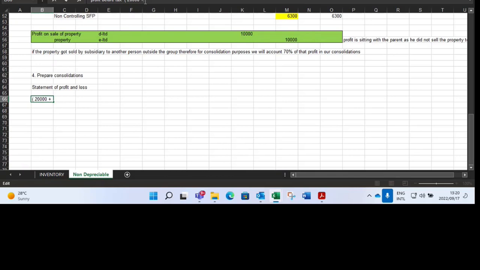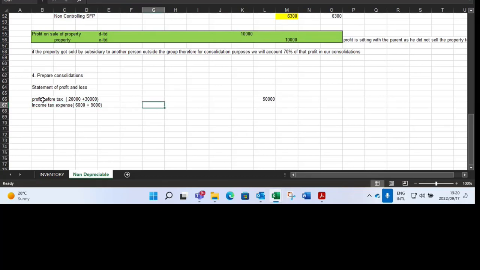You add it with the one for the subsidiary, 30,000. So we get 50,000. And then income tax expense. Parent, 6,000, plus the one for the subsidiary, 9,000.